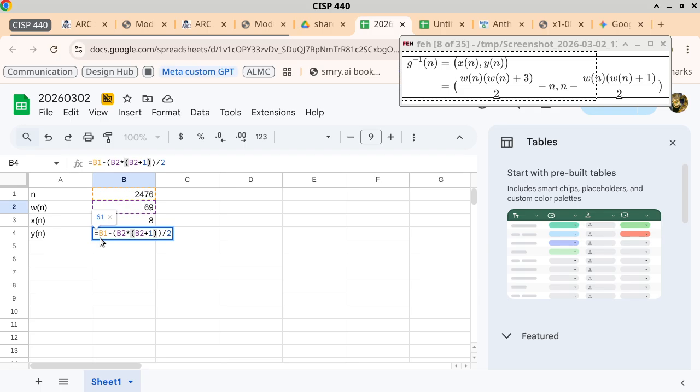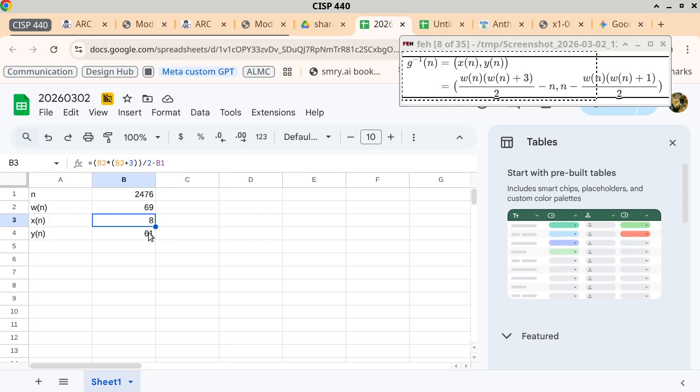This n is the b1, and then b2 is the wn. Let me see it. Okay, so it's not working right now. What did I mess up? No, it works, I take it back. The reason why I know it works is because when you add x and y, you should get w back. 61 plus 8 is indeed 69, so it does work.